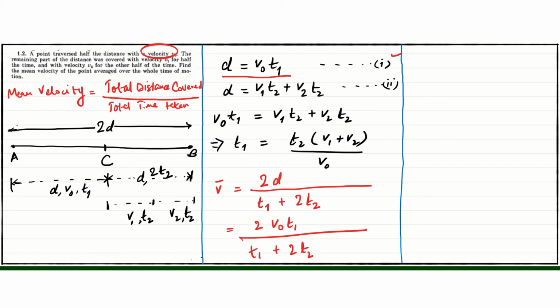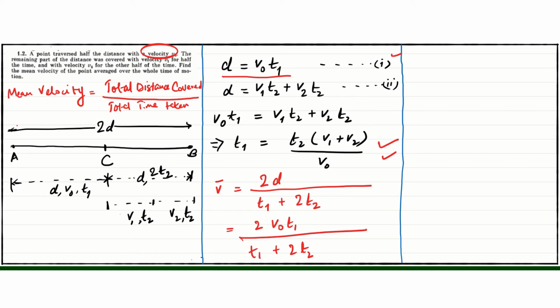Now we can use this particular relationship where we have found T1 in terms of T2, and we substitute that here, so that we have the entire RHS of this equation in terms of T2.